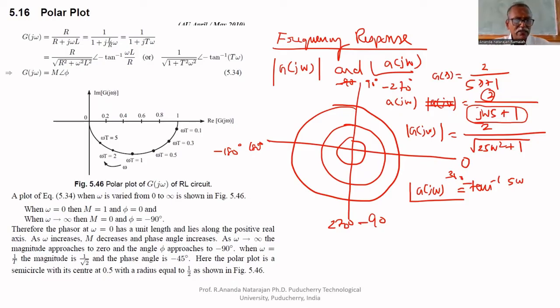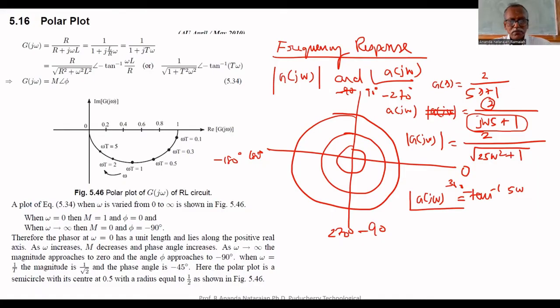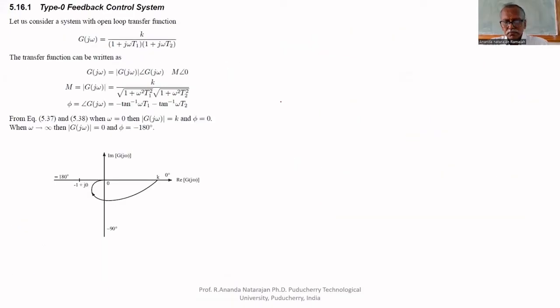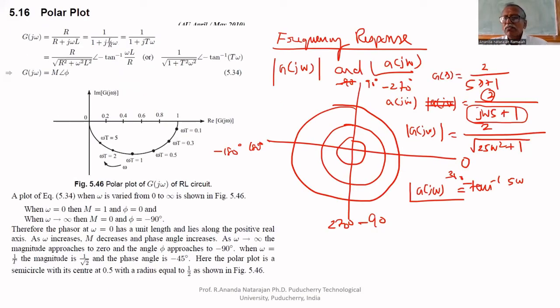If you plot between the modulus of G of j omega and the angle of G of j omega in a polar chart, then it is called a polar plot.